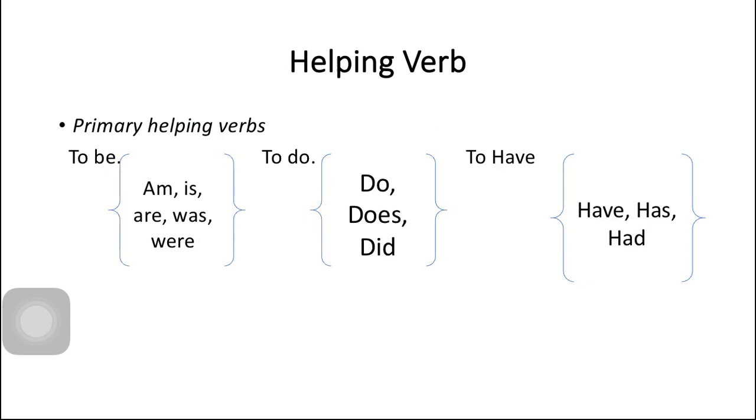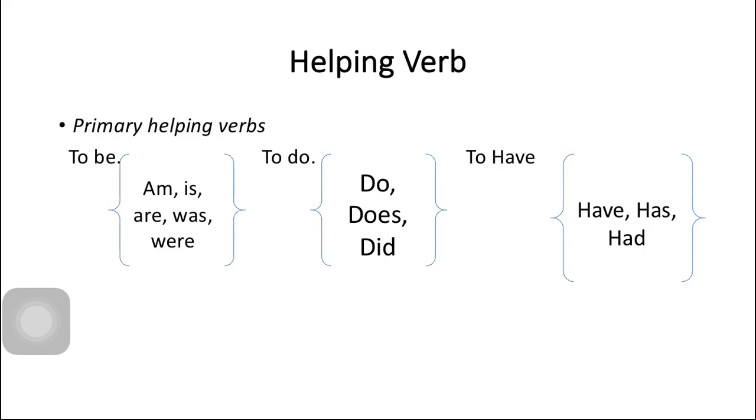These primary helping verbs are the main thing students should keep in mind from the examination point of view. With the help of a helping verb, we can give the main verb another shape, the third part, the ed form.